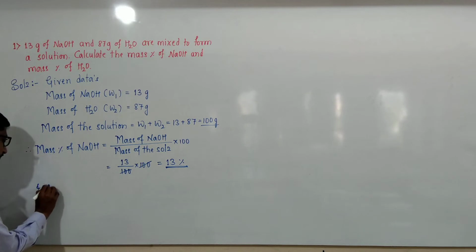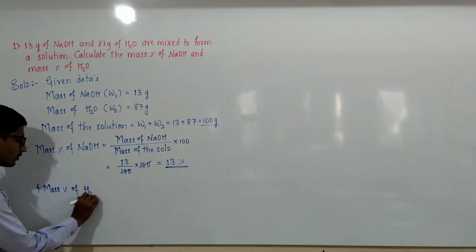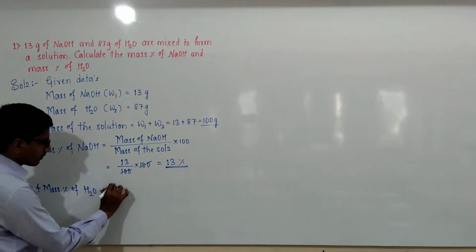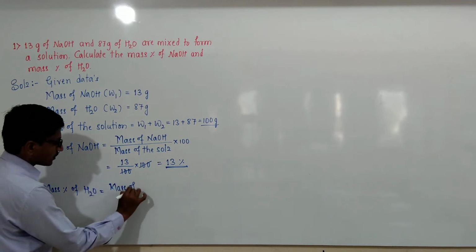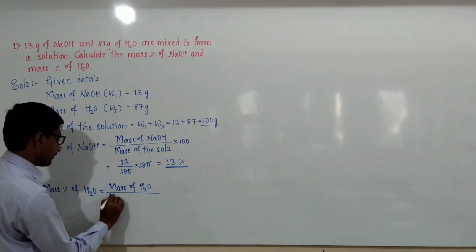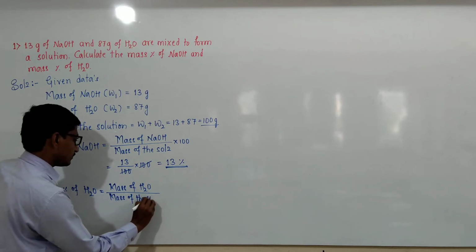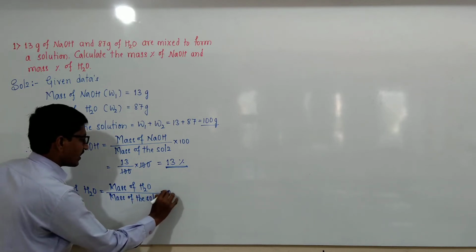And mass percentage of water is equal to mass of water divided by mass of the solution into 100.